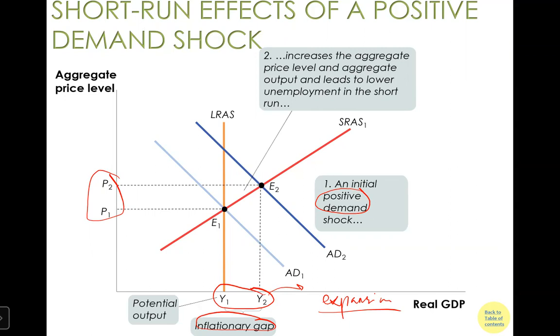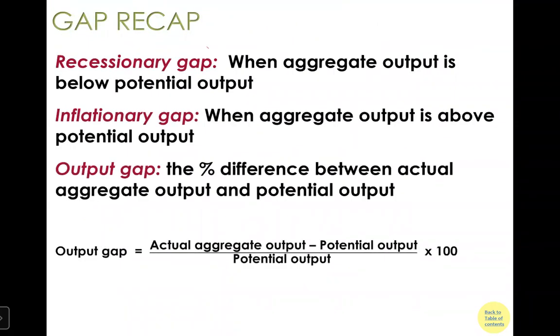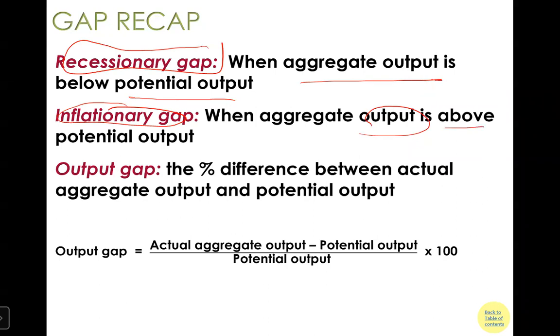These two slides tell you how in the short run our economy is going to respond to two types of shock from the demand side. To summarize, we have looked at a recessionary gap, usually caused by a negative demand shock, where aggregate output is below potential. We could also have an inflationary gap, when aggregate output exceeds the potential output: you produce more than you can potentially produce.